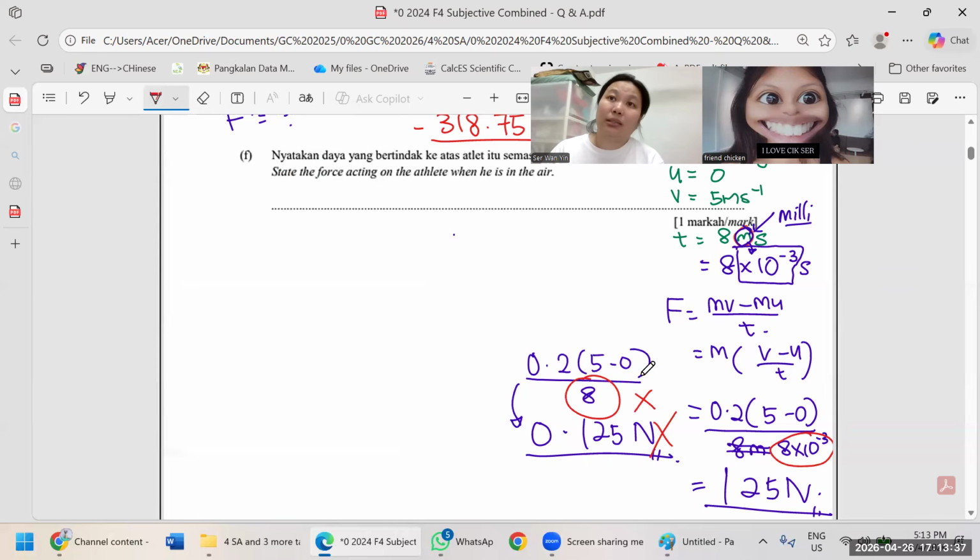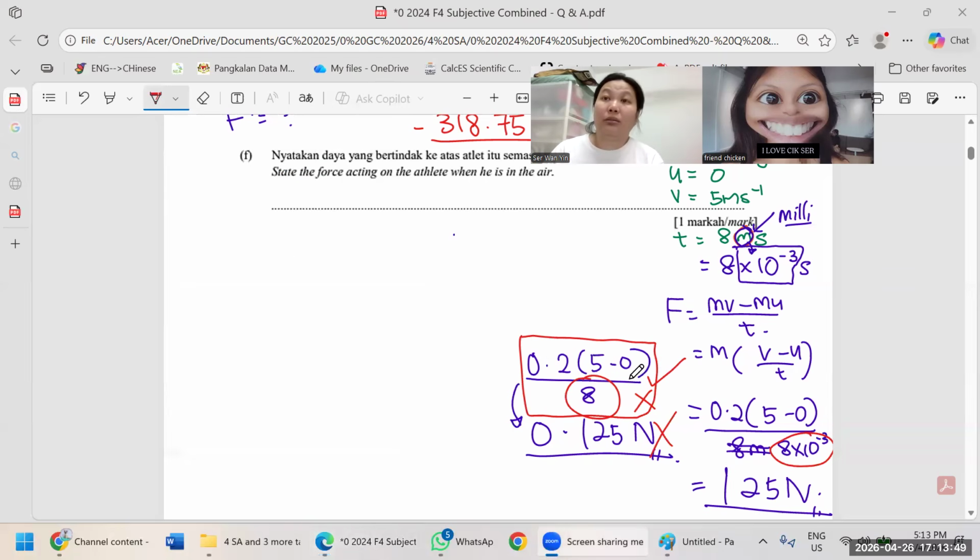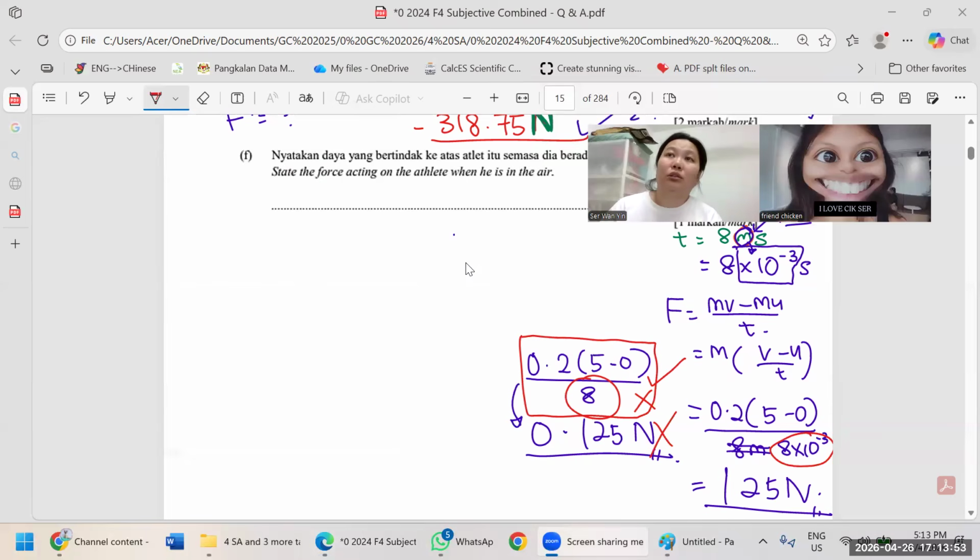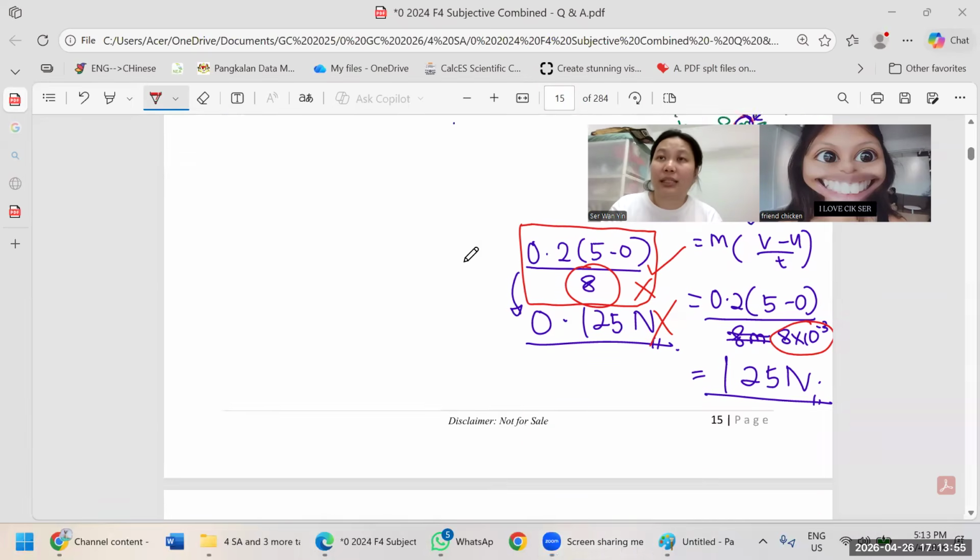Normally it's 3 marks. You still get 1 mark for correct substitution, just that you didn't convert it. Okay, so be careful. Actually, surely some people get it wrong.